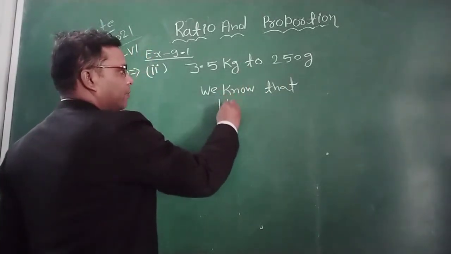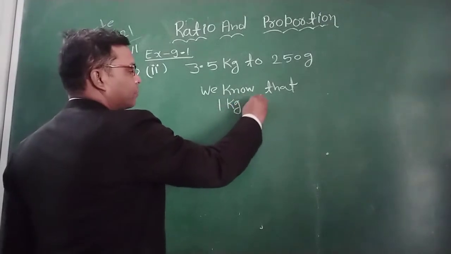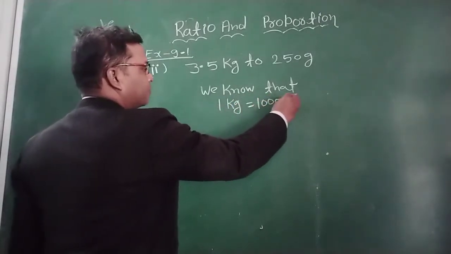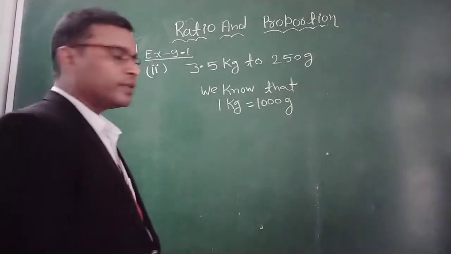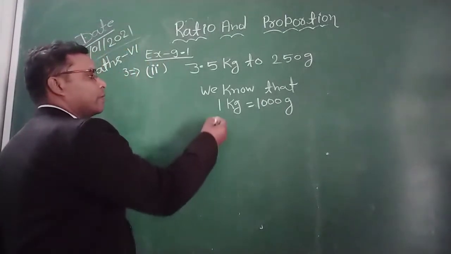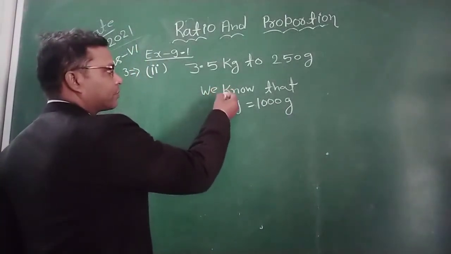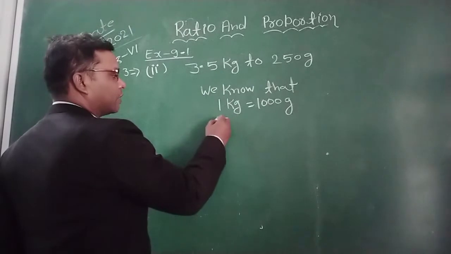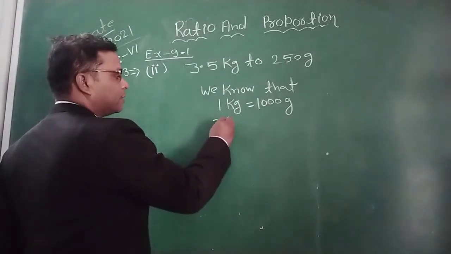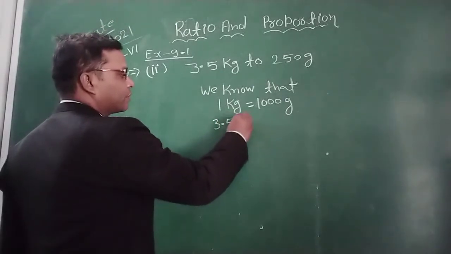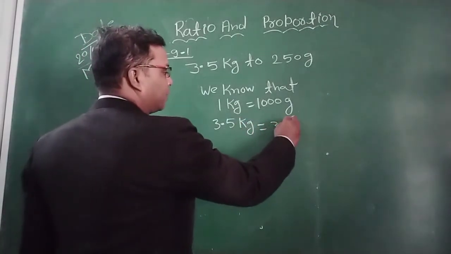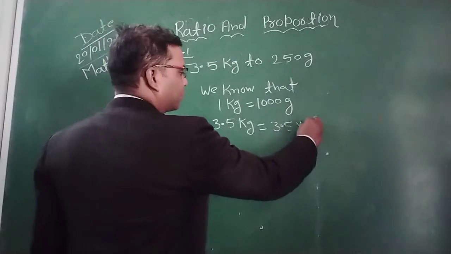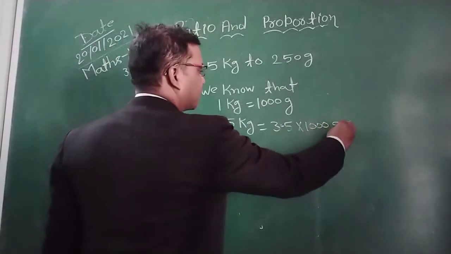1 kilogram, 1 kg is equal to how many grams? 1000 grams. This is clear. 1 kilogram is equal to 1000 grams. Okay, so we have 3.5 kilograms. 3.5 kilograms is equal to 3.5 into 1000 grams.